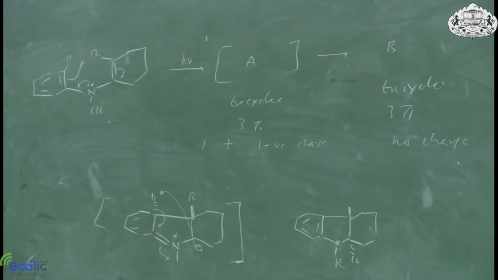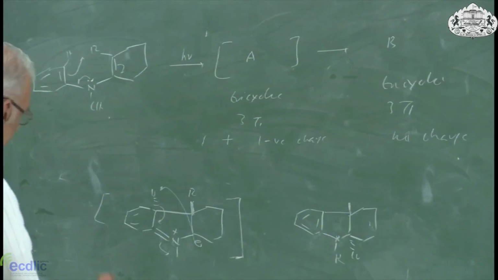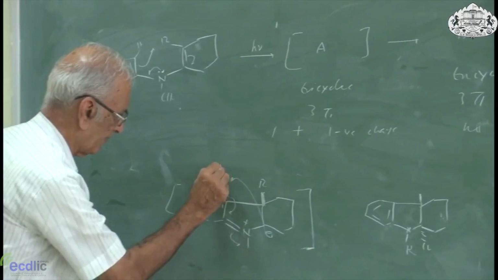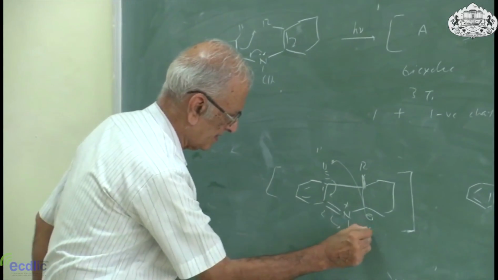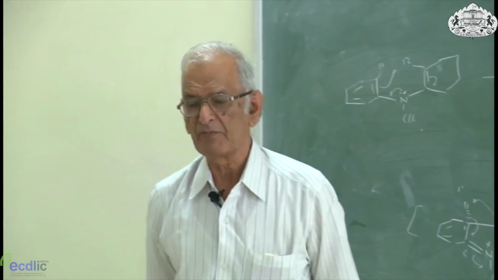I am breaking the bond between 1 and 1 dashed, I am forming the bond between 4 and 1 dashed.